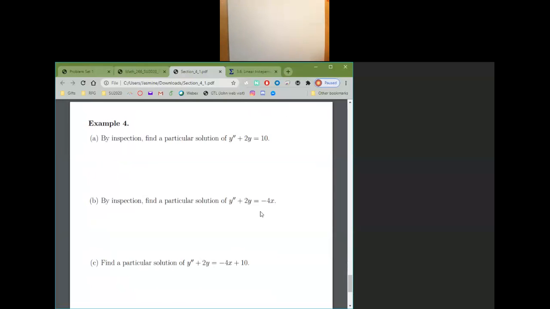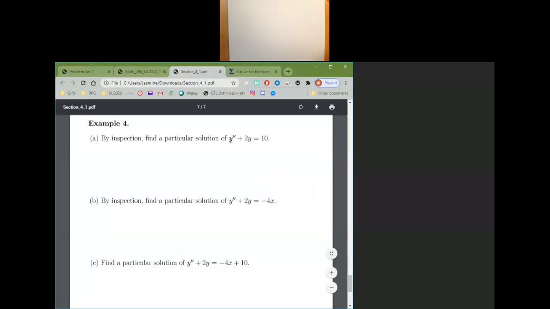Okay, very last example, just coming off that last theorem. By inspection, find a particular solution of this. I'm not going to write out the particular solutions. I don't think I solved for these. They're supposed to be very short anyway. But a solution of this sum equaling 10.